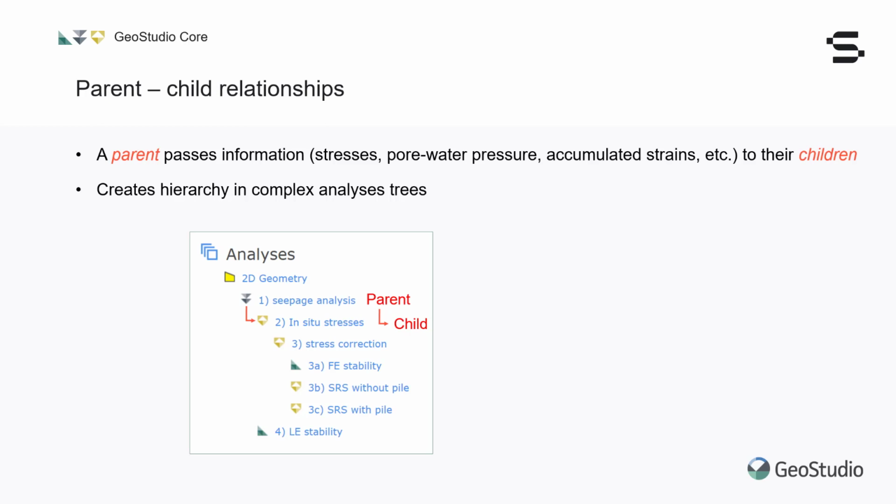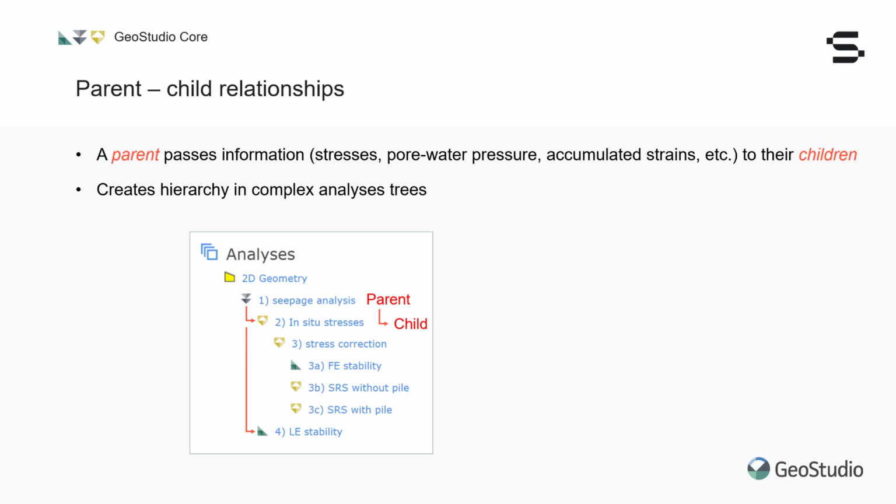Important to note here is the limit equilibrium analysis displayed further down in the analysis tree. This analysis is also a direct child of the seepage analysis. Since it sits at the same level as the in-situ analysis, you can call these siblings. They both have access to the information provided by the parent seepage analysis.